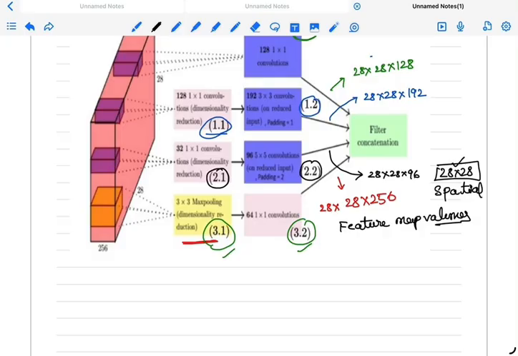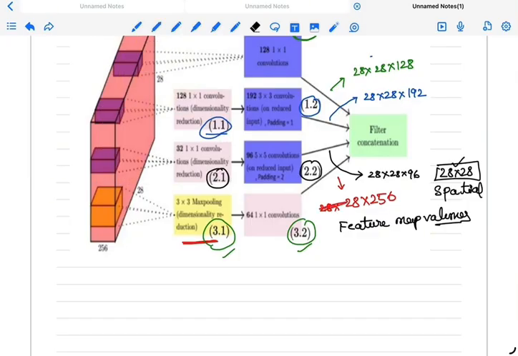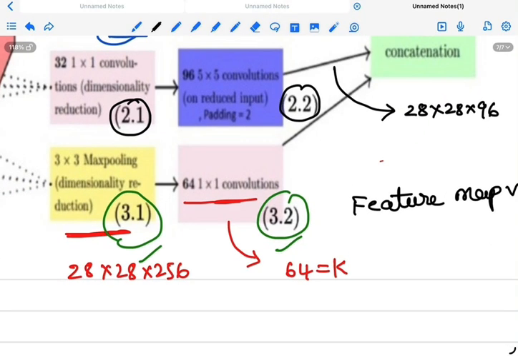But in the final block, we have calculated only up to block 3.1, which is 28 cross 28 cross 256. Please remember, if you forget this one, we will lose marks. There is another layer, 64 cross 1 cross 1, where 64 is the number of kernels, and we calculated only up to 3.1.